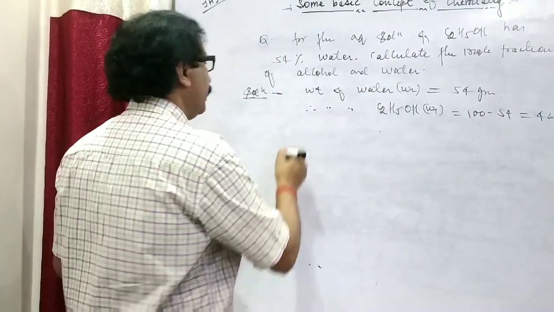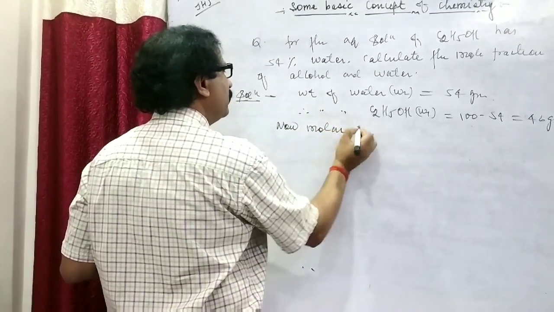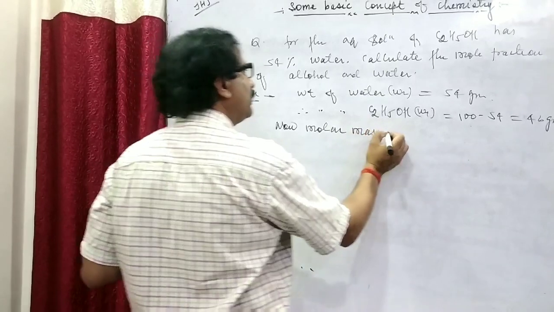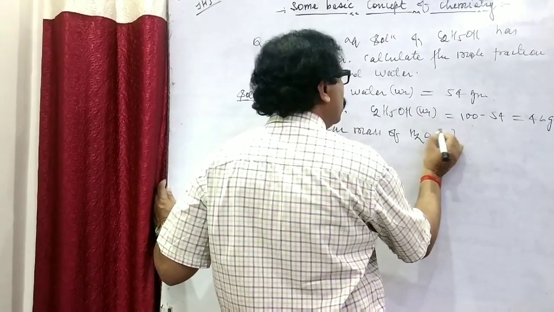Okay. Now, molar mass of H2O, that is M2.